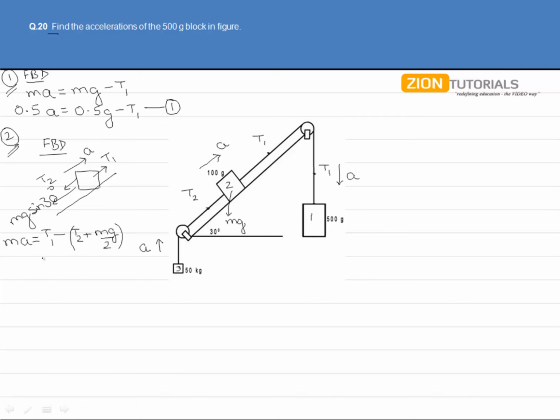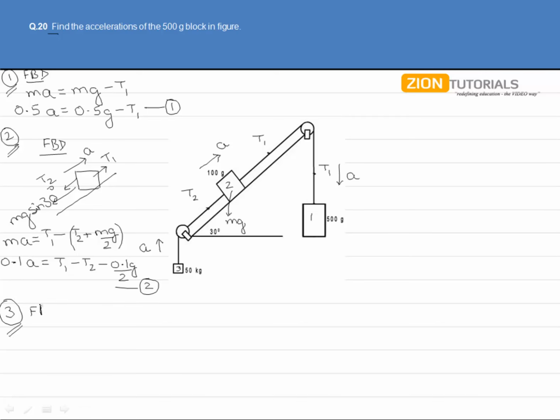Now, putting the value of m, we can say 0.1a equals T1 minus T2 minus 0.1g by 2. Marking this equation as equation number 2, let us proceed with block 3.